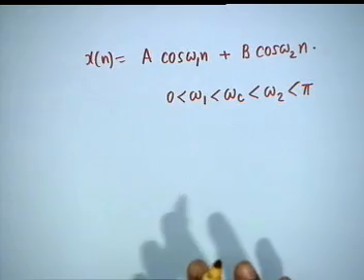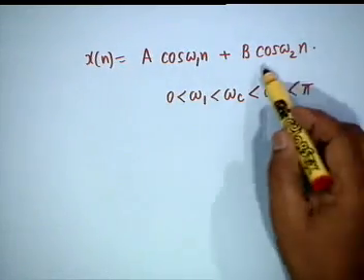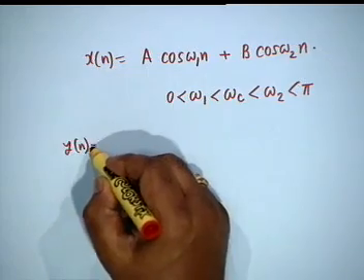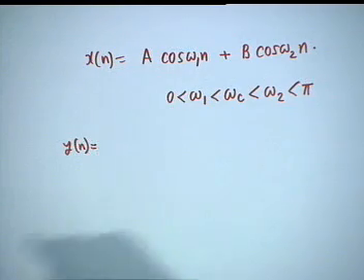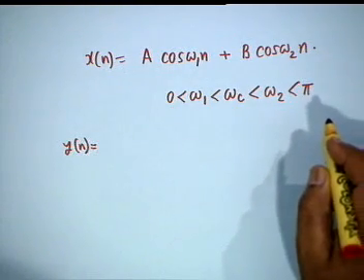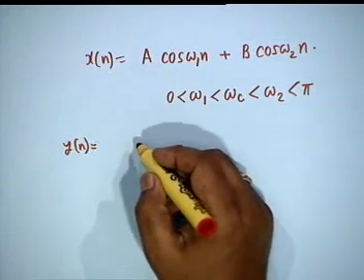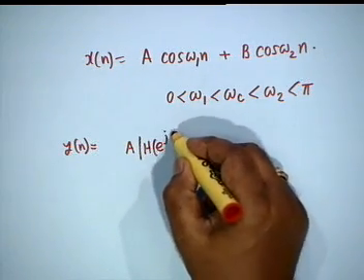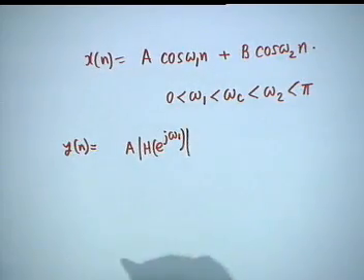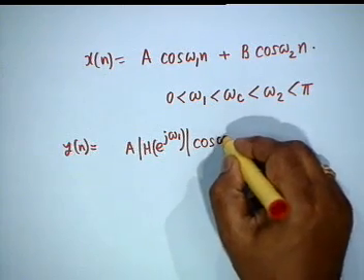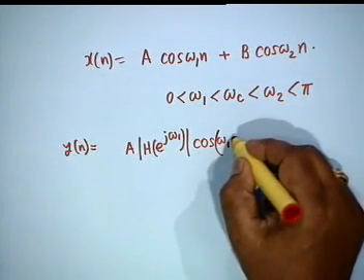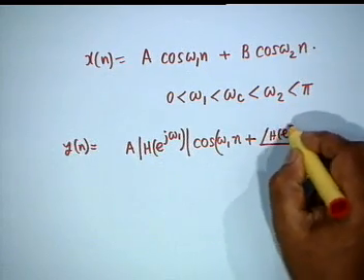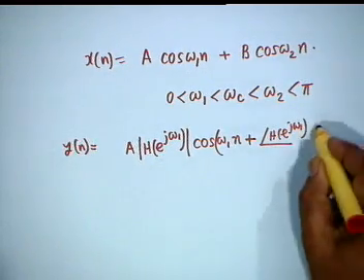Now, we can design filters such that the transmission at omega 2... you see, what would be y of n if I feed this signal to a linear time invariant system? What would be y of n? The magnitude would be modified by magnitude of H of e to the power j omega 1, agreed, and the phase would be modified: a cosine of omega 1 n plus some angle, the angle of H of e to the j omega 1. Is this clear?